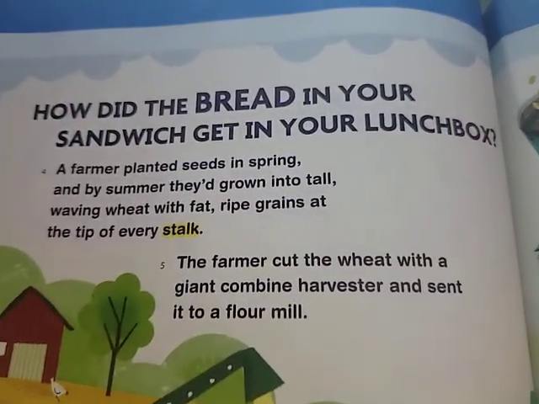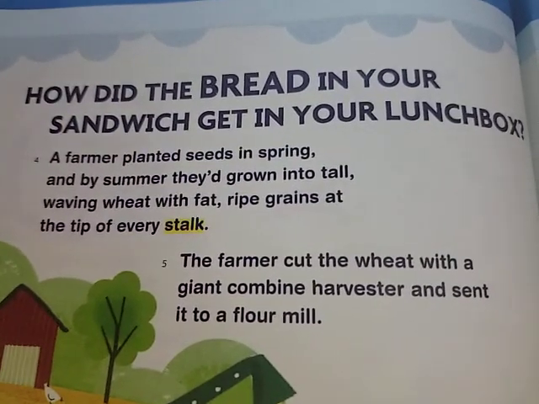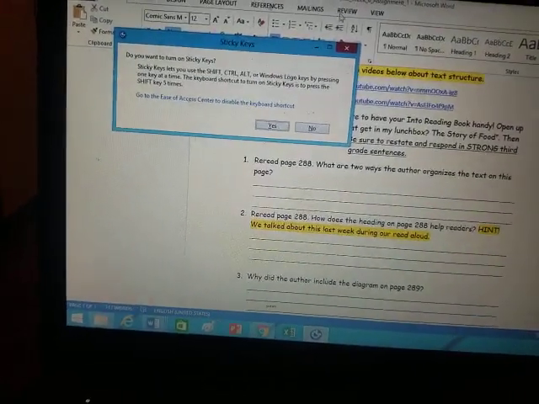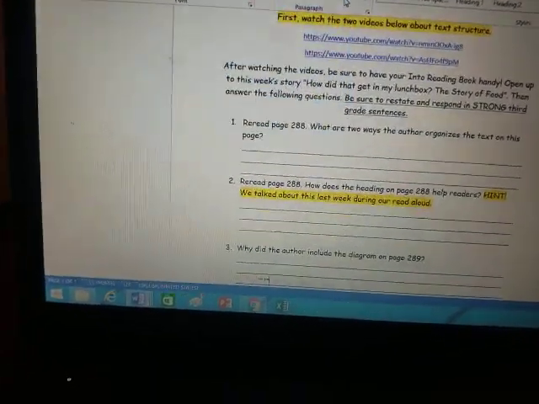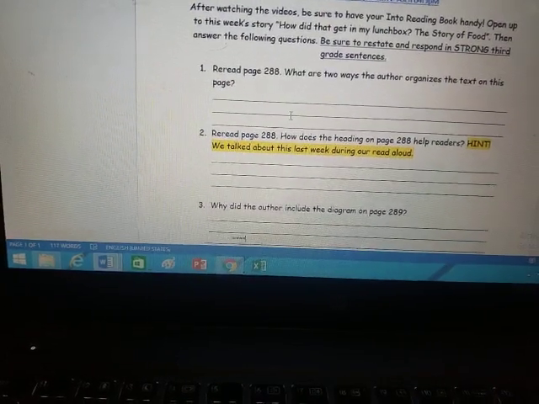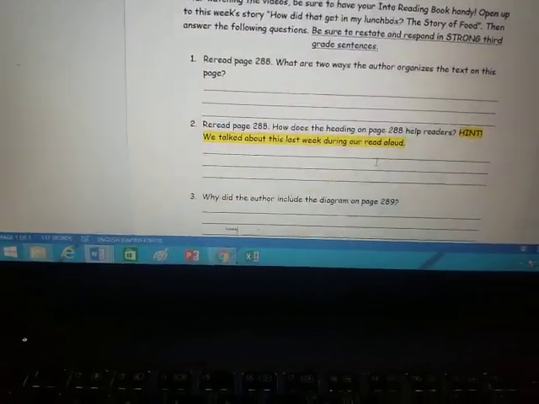Why do we always have a heading on the top of our page? What does the heading tell you? If you don't know, you can always Google why stories have headings on the top of their pages. So you're going to write, the heading on page 288 helps the readers, and tell me the answer.